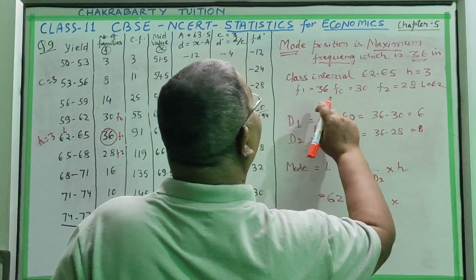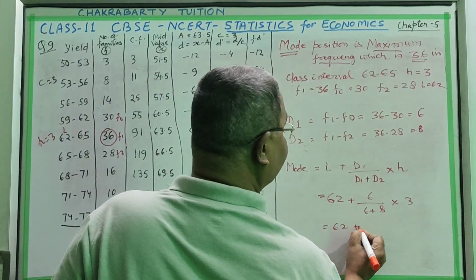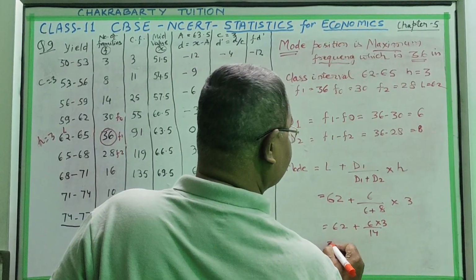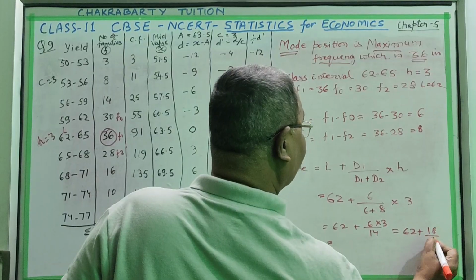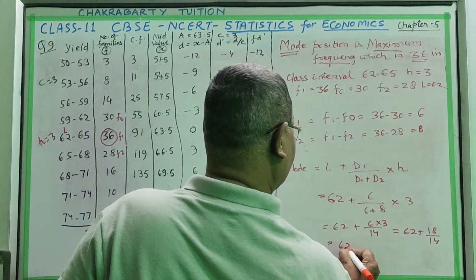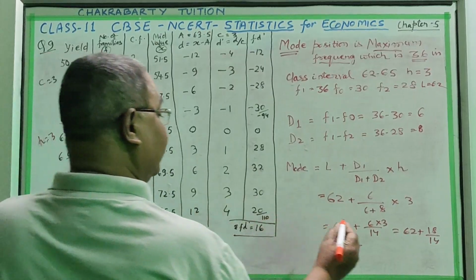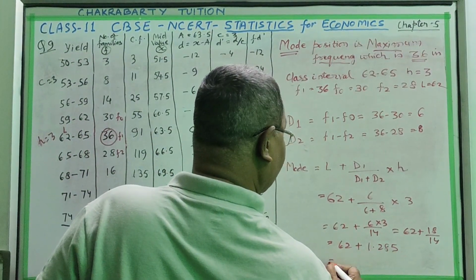And h, the class size, is 3. Okay, so 62 plus 6 upon 14 into 3. So it is 62 plus 18 upon 14. By calculator we have divided, and it comes to 1.285.